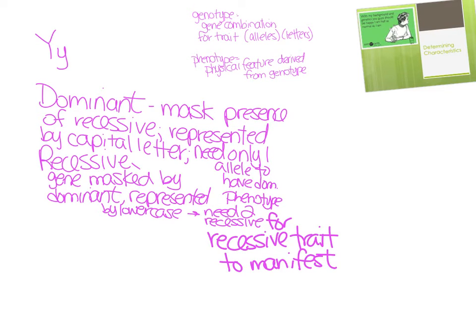So again, in our little video we watched where it was little y, that's the only way you can get green. You had to have two little alleles, or two lowercase alleles, recessive ones, in order for the recessive trait to manifest.